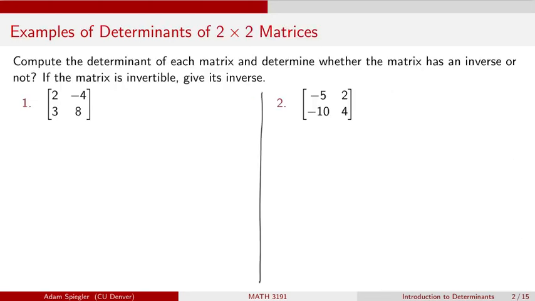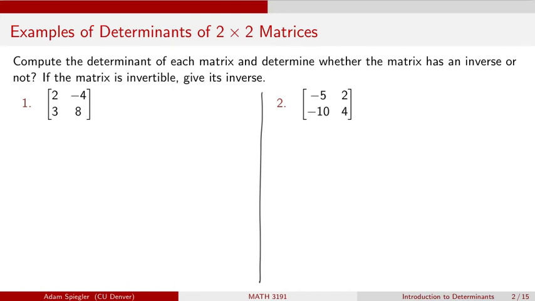Okay, so now that we know how to calculate a determinant and its relevance to finding inverses of 2 by 2 matrices, let's take a look at a couple of examples. The first question asks us to find the determinant of the 2 by 2 matrix where the first column is 2, 3, and the second column is -4, 8.